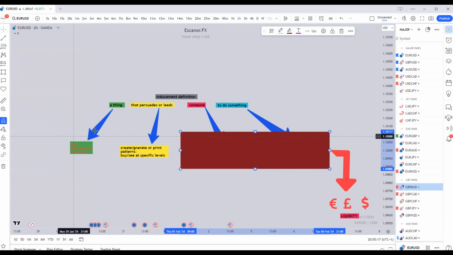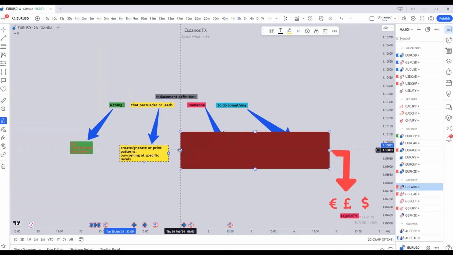So we have here a thing, the market makers, institutionals, big players, that create and generate or print specific patterns in the chart by buying and selling at specific levels.